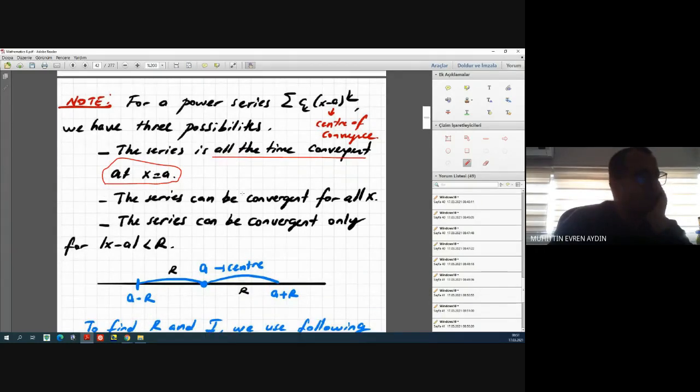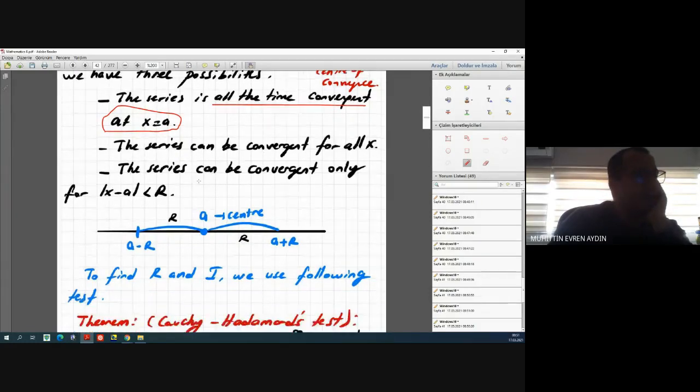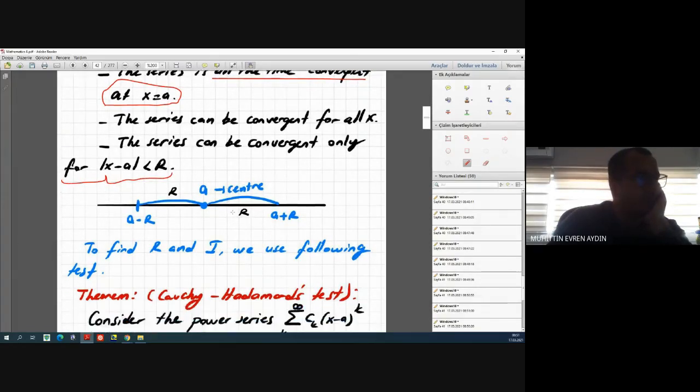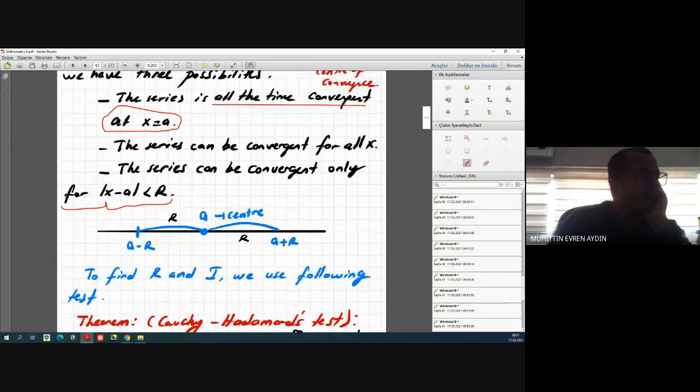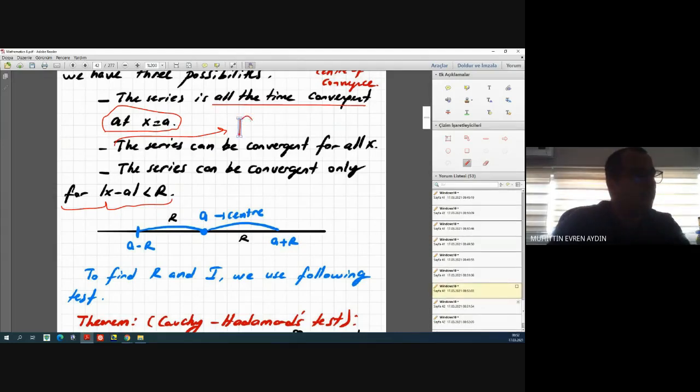The series can be convergent for all x, and it can be convergent only at special values of x. The first possibility happens provided R equals infinity.